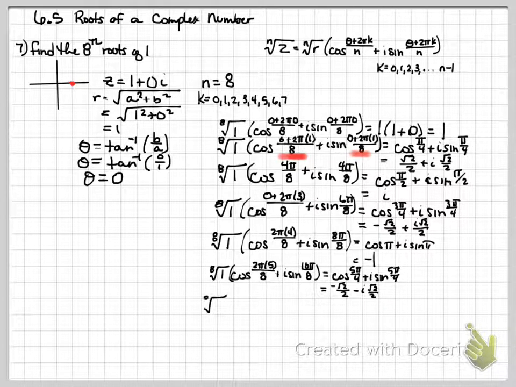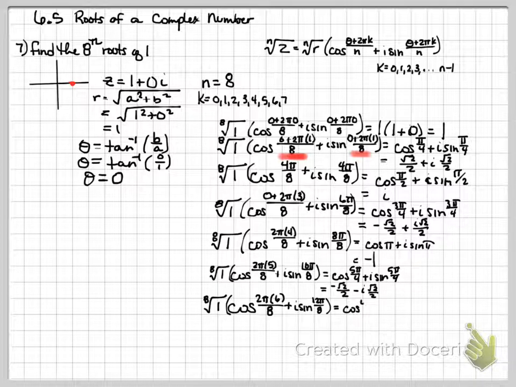Alright, eighth root of 1 cosine of 2 pi times 6 over 8 plus I sine of 2 times 6 is 12, so it would be 12 pi over 8. I'm just kind of streamlining it a little bit. 12 pi over 8 is 3 pi over 4. Oh, excuse me, 4 pi over 3. I'm sorry, 4 pi over 3.